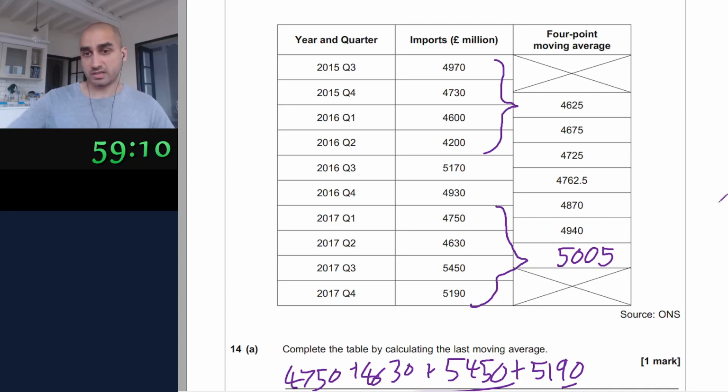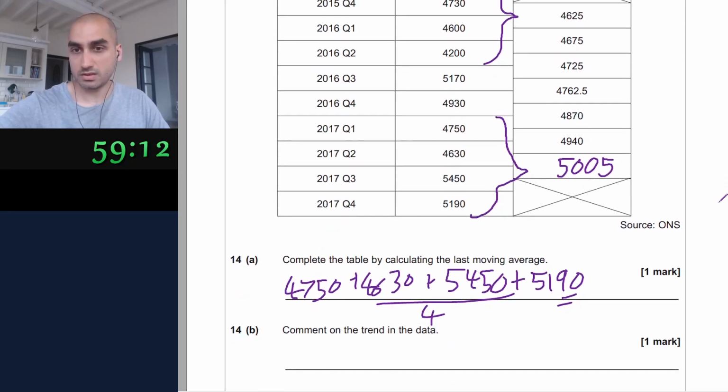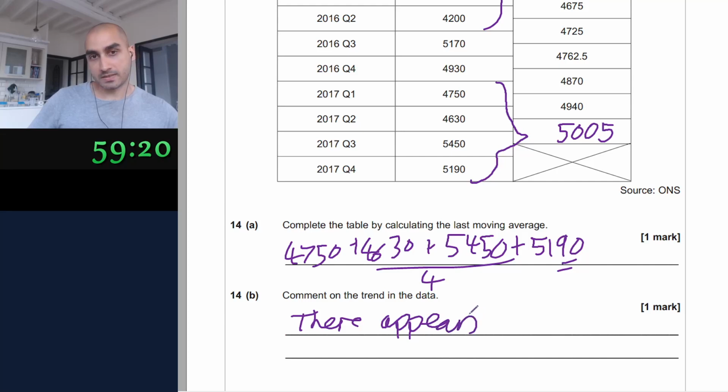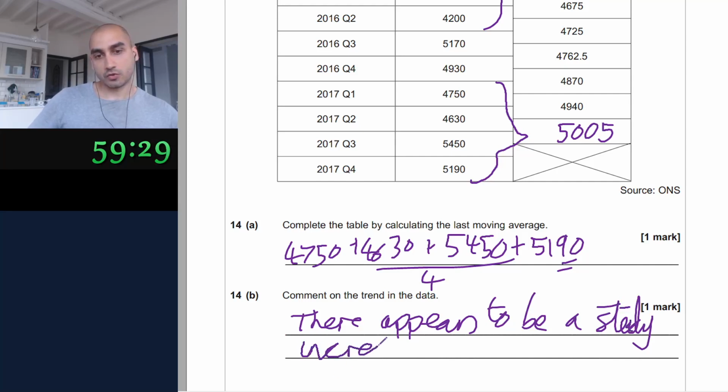Yeah, I would say there appears to be a steady increase over the years.